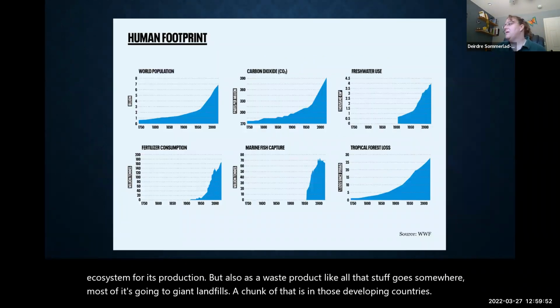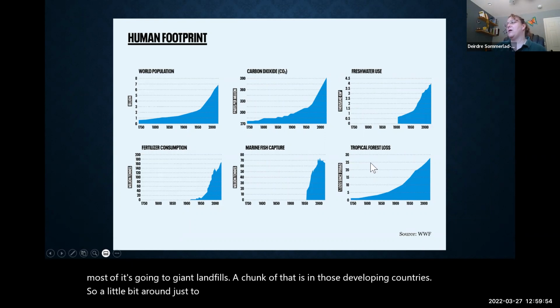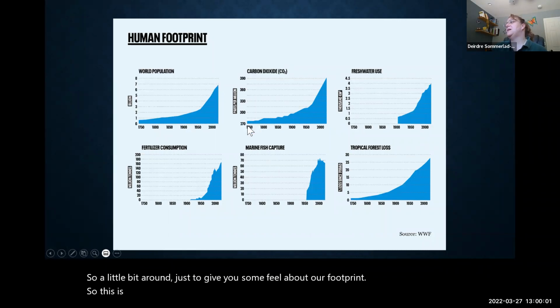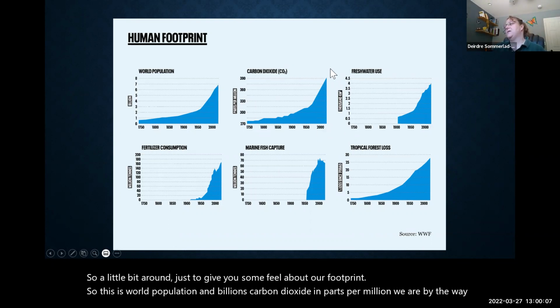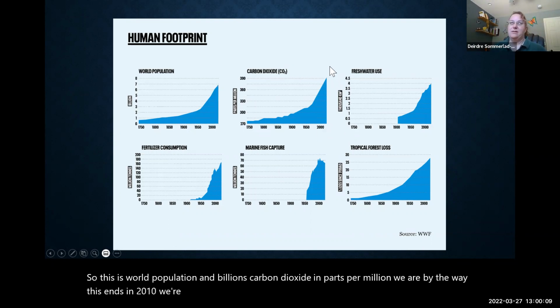So a little bit around, just to give you some feel about our footprint. So this is world population in billions. Carbon dioxide in parts per million. We are, by the way, this ends in 2010. We're at 420 something parts per million. So we're like up here now.